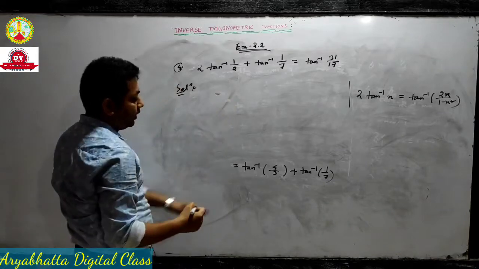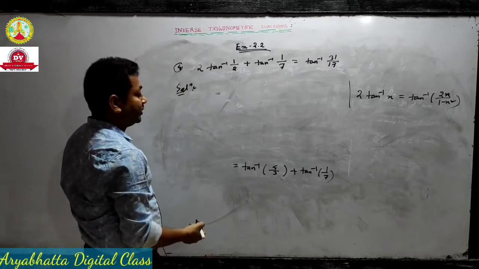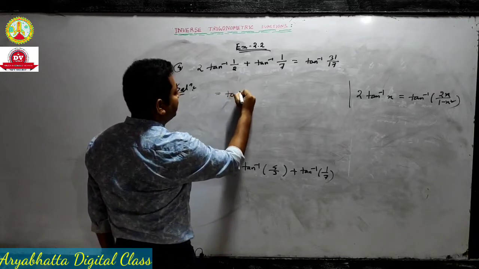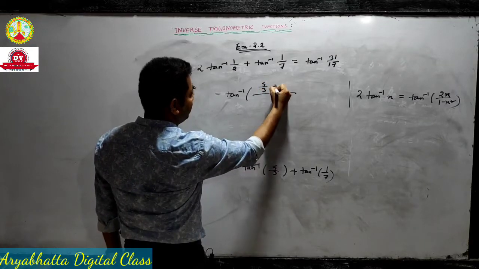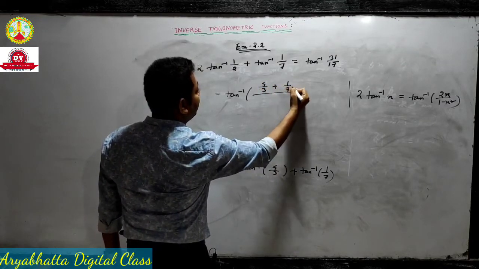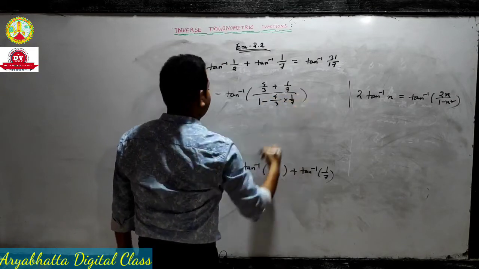We know that tan inverse x plus tan inverse y equals tan inverse of x plus y divided by 1 minus xy. Therefore, x is equal to 4 by 3 and y is equal to 1 by 7, divided by 1 minus xy, where xy is 4 by 3 into 1 by 7.